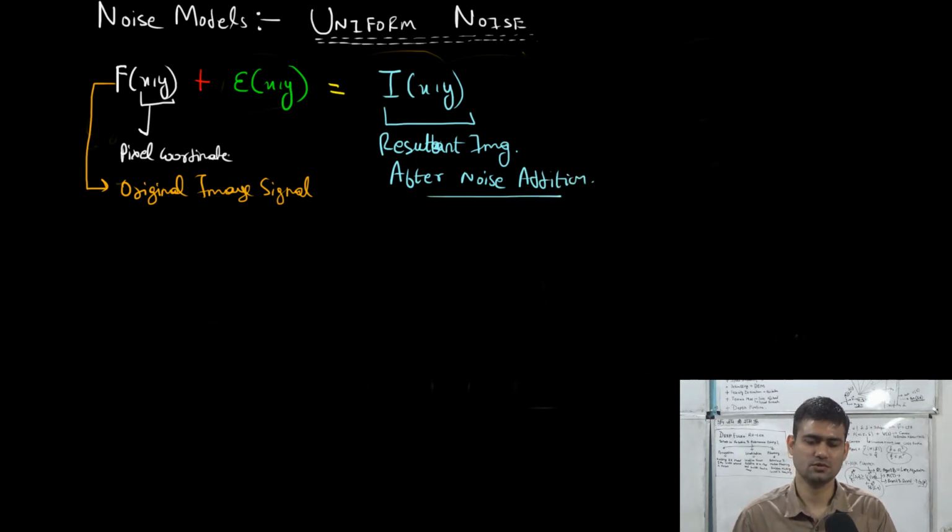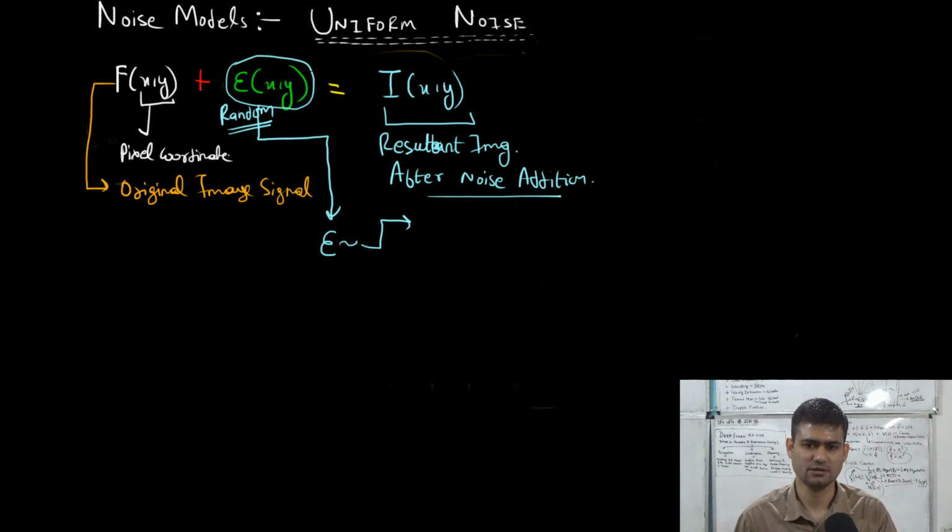So, the different distribution models. Since this is a random noise, a small random noise, depending on the distribution that this noise follows, we have different noise models. For example, a uniform noise model will have a uniformly distributed noise. A Gaussian noise model will have a Gaussian noise.